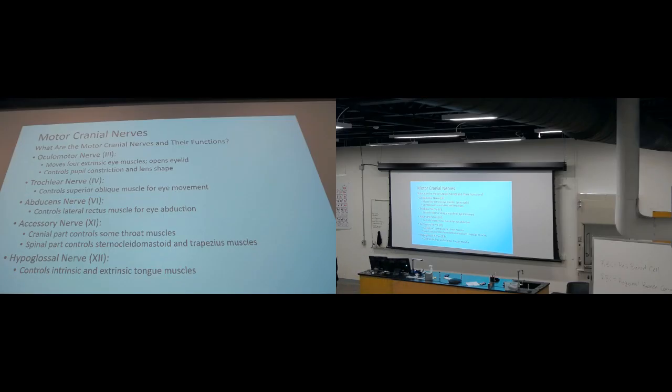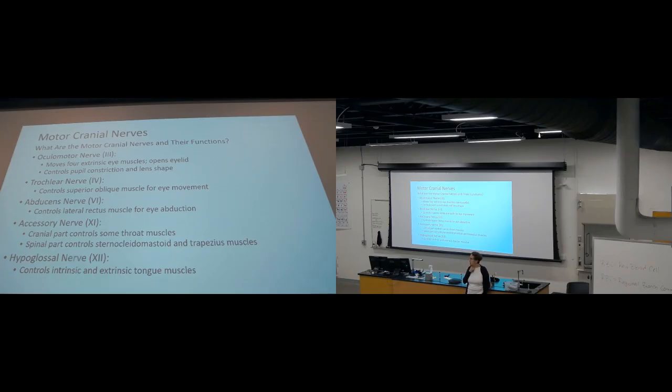Accessory is cranial nerve number 11. It has a spinal root, and the spinal root helps to control the contraction or the function of the sternocleidomastoid and trapezius. And then the other part controls part of the throat muscles, and as well helps us to have taste sensation in the posterior third of our tongue.